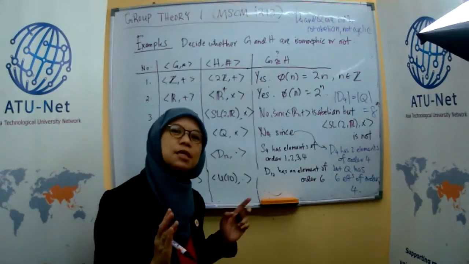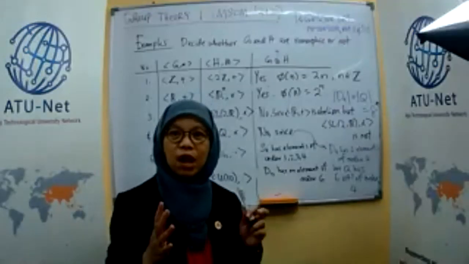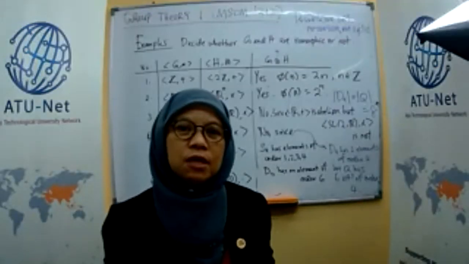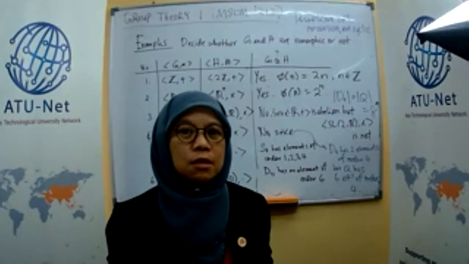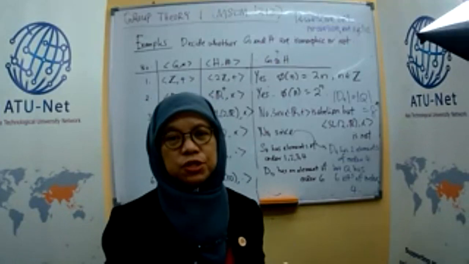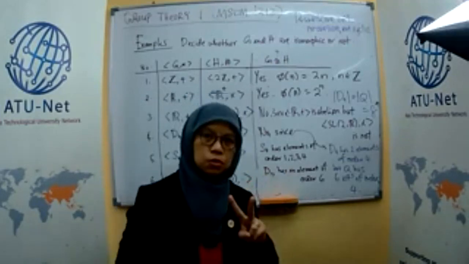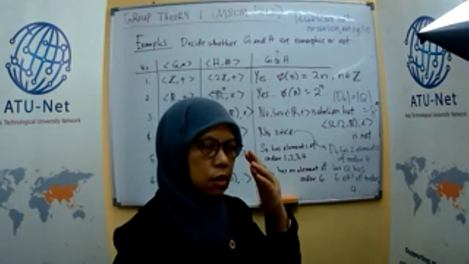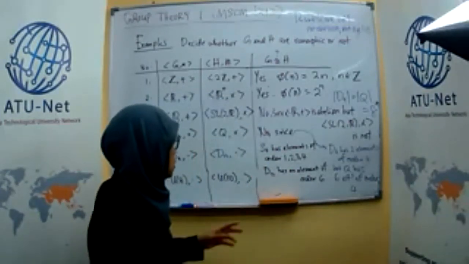You know, in Dn, you have half rotation and half reflection. Okay, for reflection, they're all order 2. For rotation, you have to figure out the order, right? How do you get it? The first one is you divide.